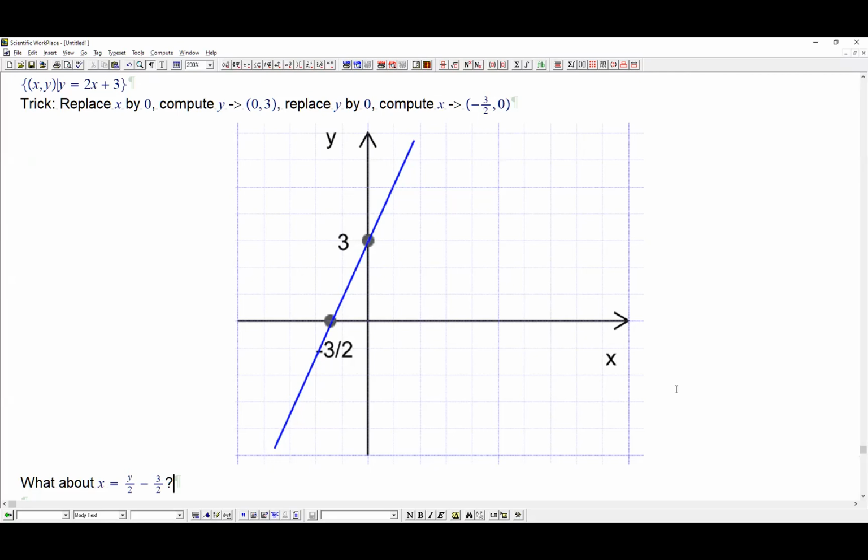I think it would be the mirror line, like symmetrical about the y-axis.